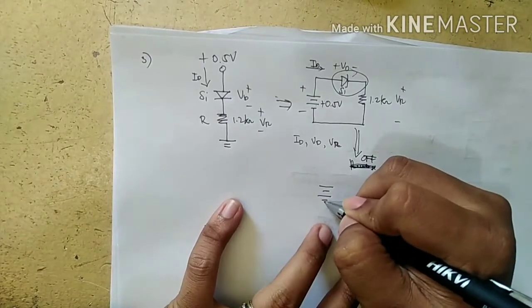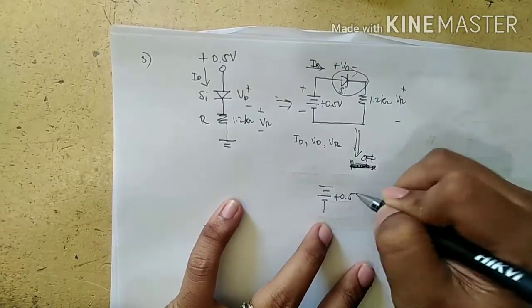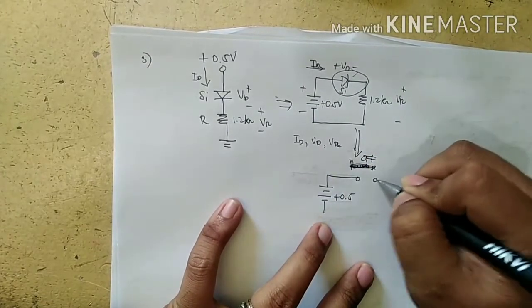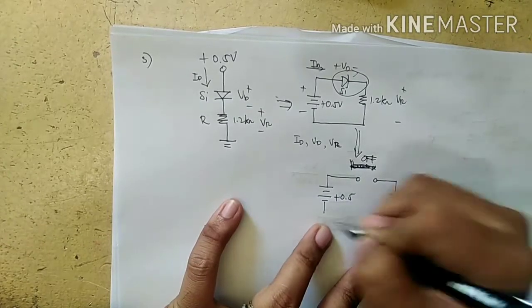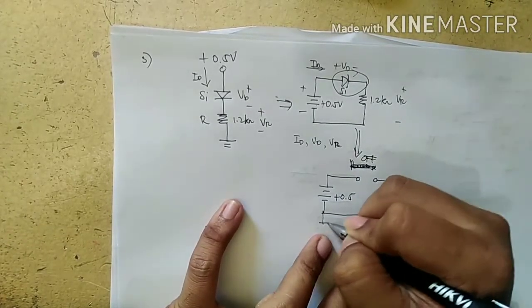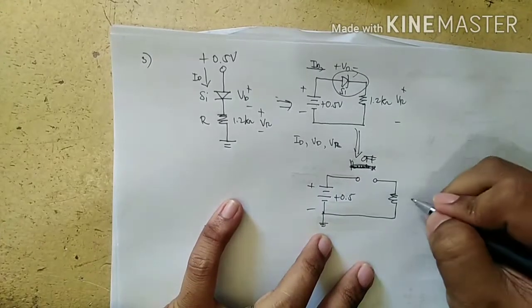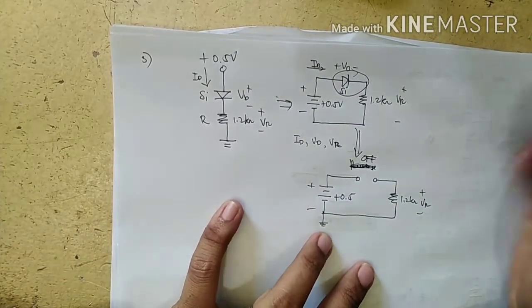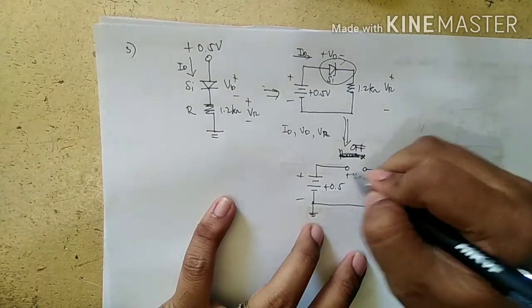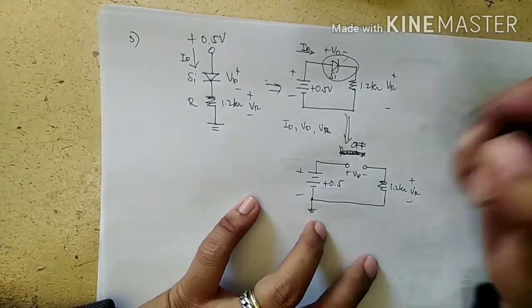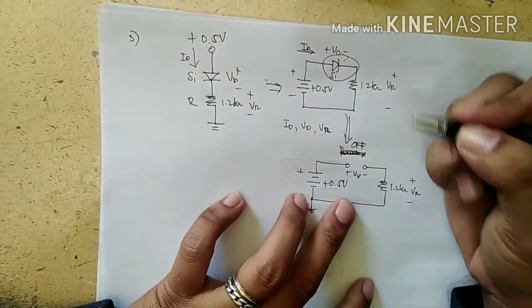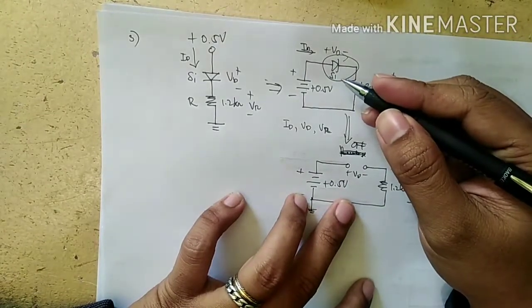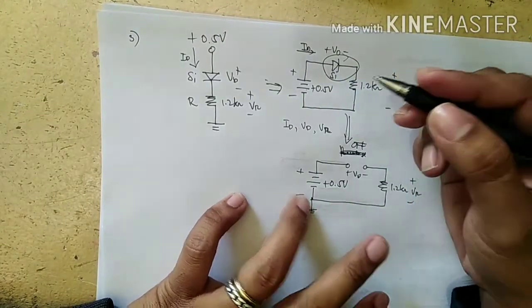Since it is off, the silicon diode is an open circuit. Why? Because the supply is 0.5 volts and the minimum requirement for silicon is 0.7.